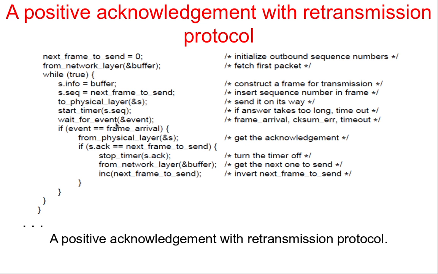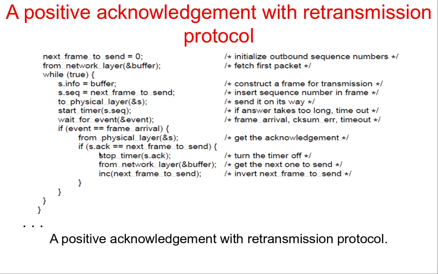What is the event possible? The frame arrival, there may be a checksum error, there may be a timeout. So if event is equal to frame arrival at the sender, from the physical layer accept the frame, check whether the accepted frame's acknowledgement field has got the next frame to send value.